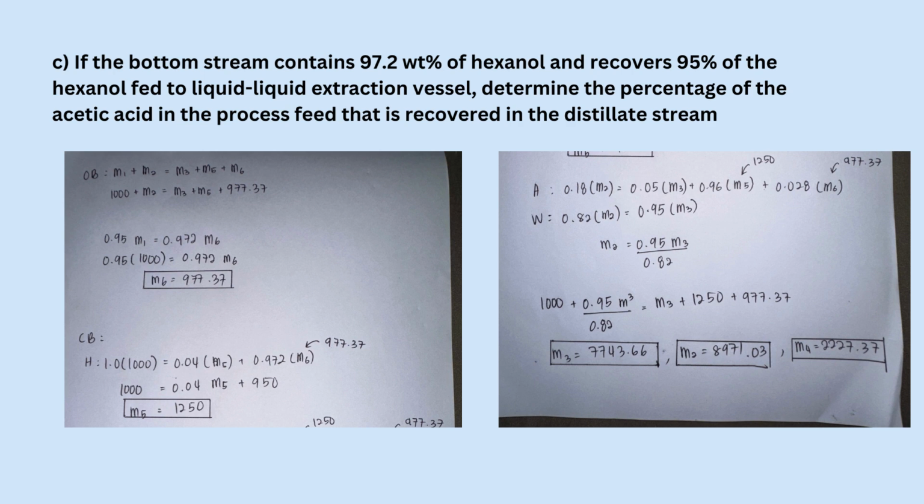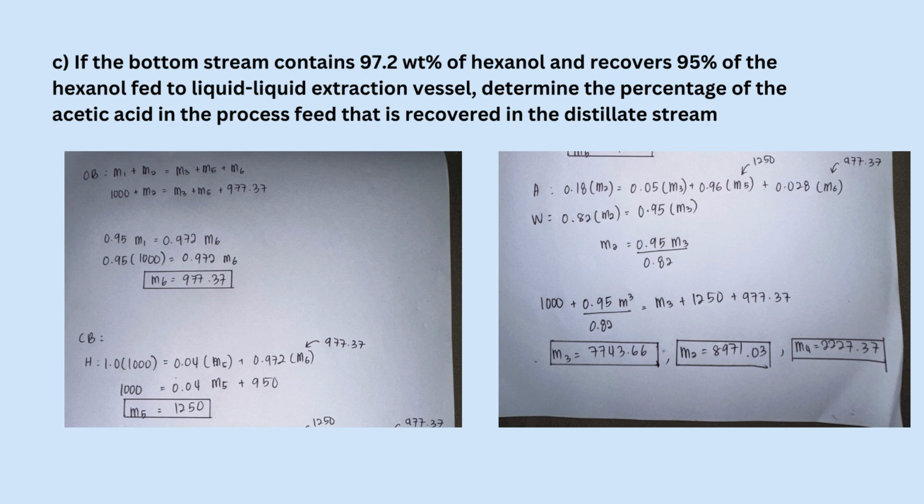So for water, we get 0.82 times M2 equal to 0.95 times M3. So we can get M2 equal to 0.95 times M3 over 0.82. Then M2 we can get 8971.03, and M3 we can get 7743.66.